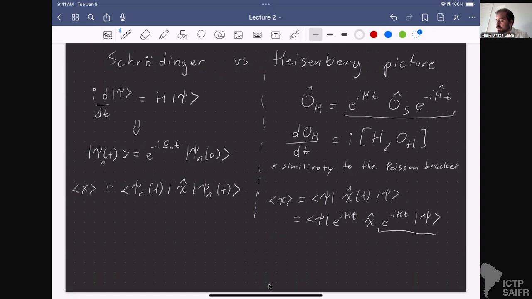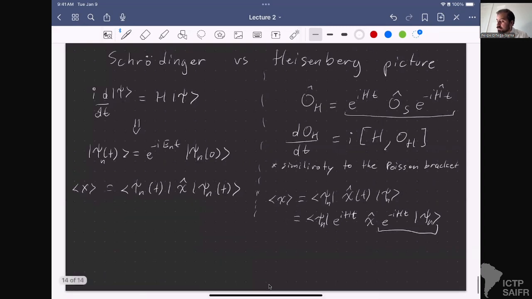This is the same as the time evolution of the state psi, and similarly for the bra. So these two pictures are equivalent. It's just a matter of whether you are evolving the states or evolving the operators.